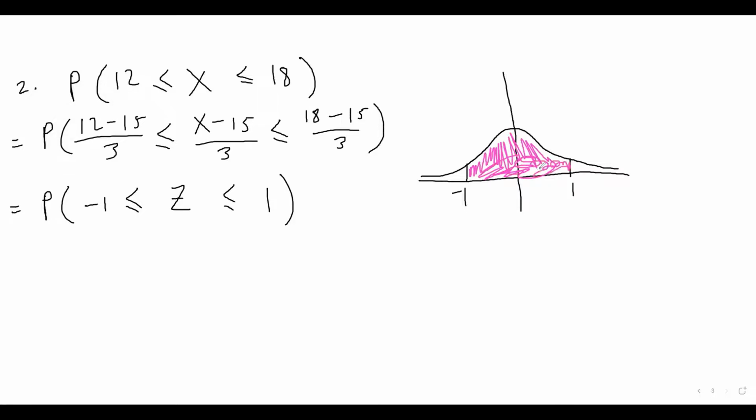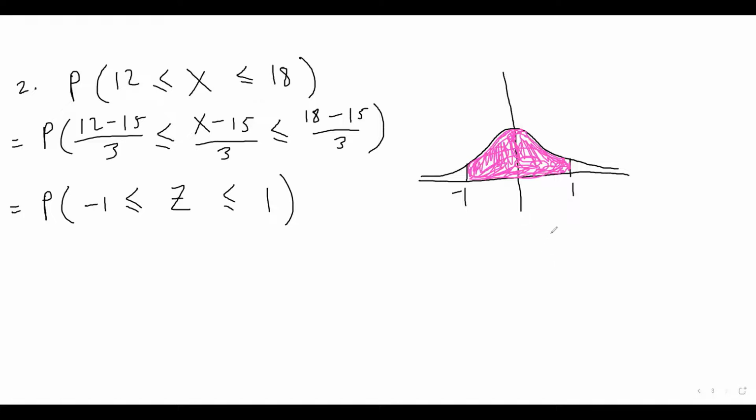I'm just quickly shading the area that we're looking for, in purple. It's the area between -1 and 1.